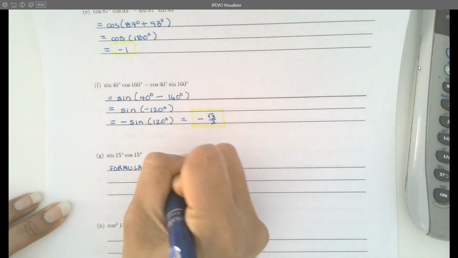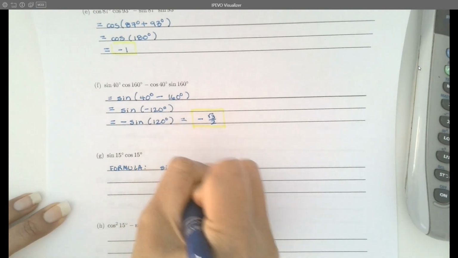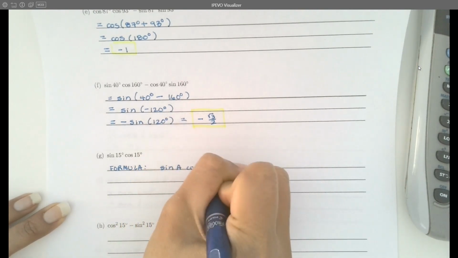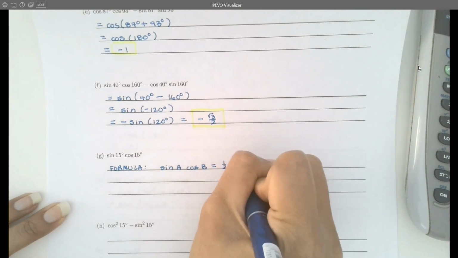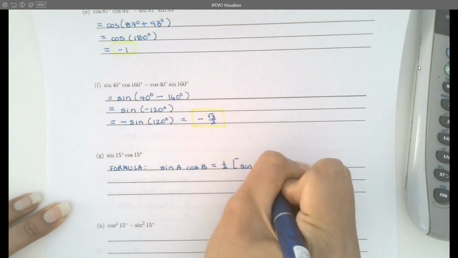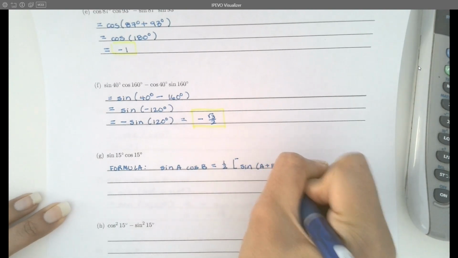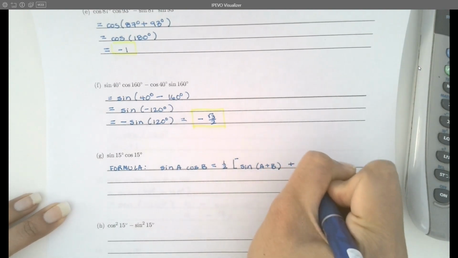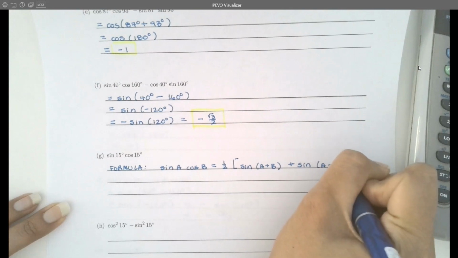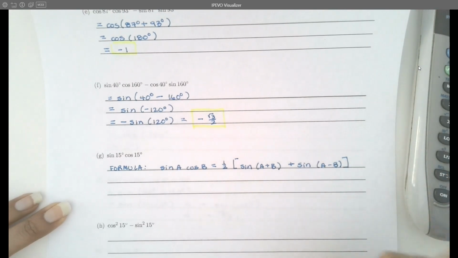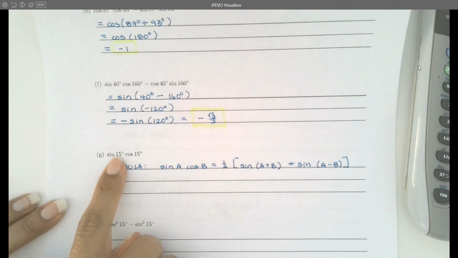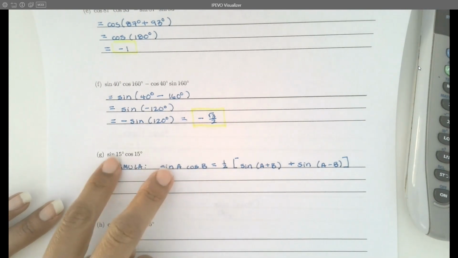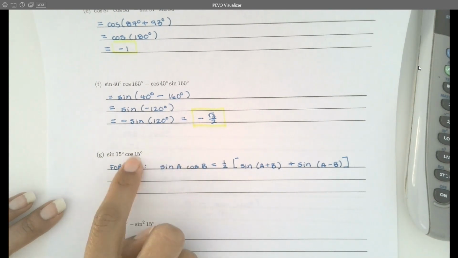We have sine of A times cosine of B is equal to 1/2 sine of A plus B plus sine of A minus B.